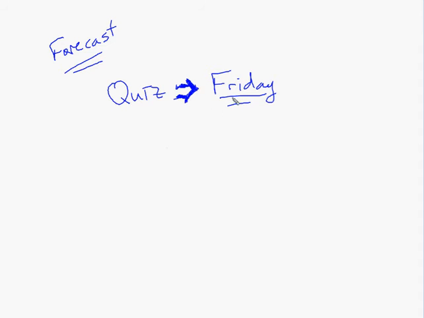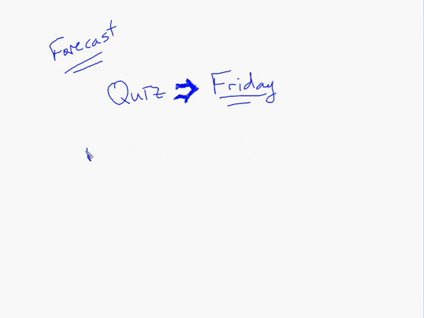Anyways, if you are not going to be in class on Friday, you must do the quiz that is on Friday on Thursday, before you leave school. As in, before 3. Today.